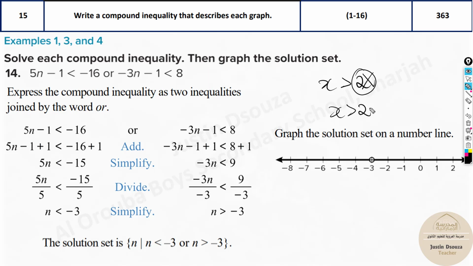So you must make sure that it is all values greater than 2, not equal to this. Therefore even over here, greater than minus 3, less than minus 3, it cannot be this 3, so therefore we have a hole. That means that value is not true for this particular equation, so you must exclude that value. Therefore there's a hole here.